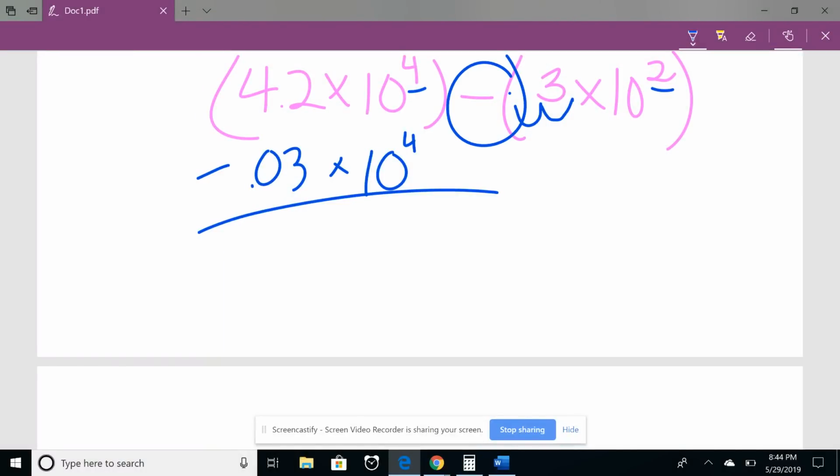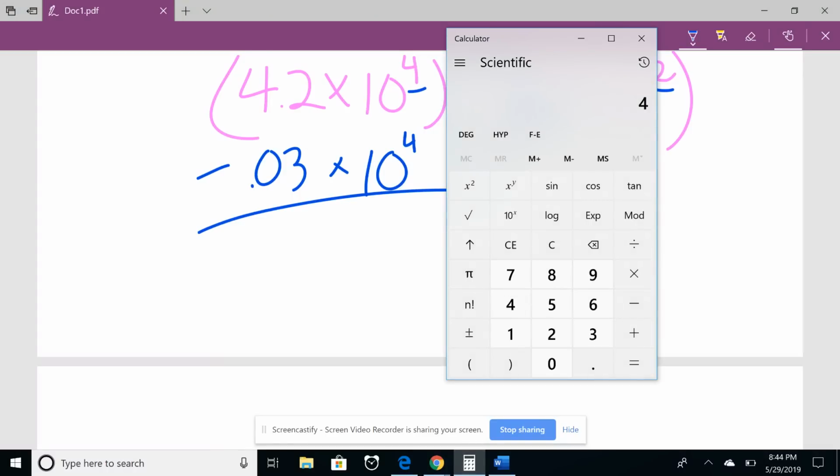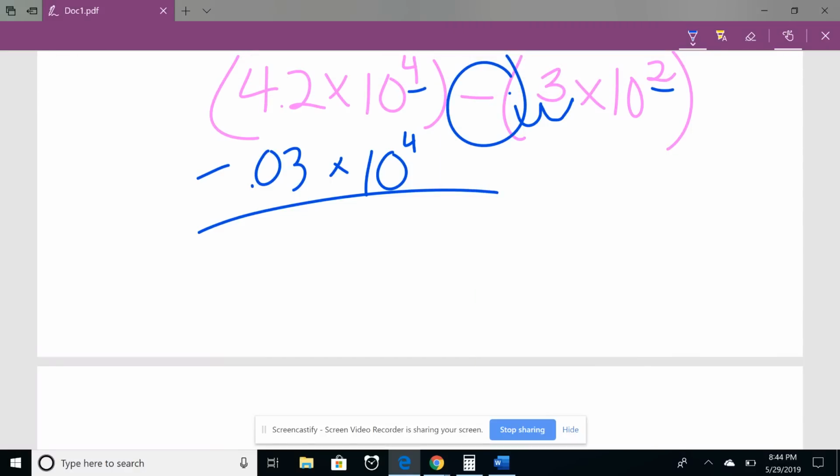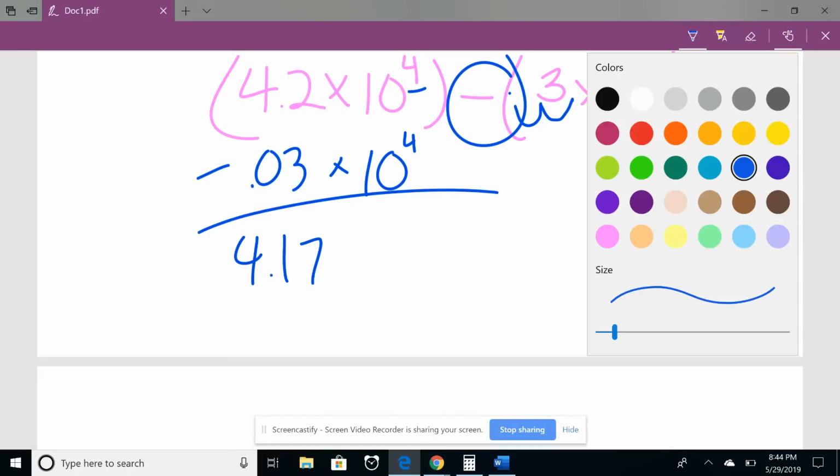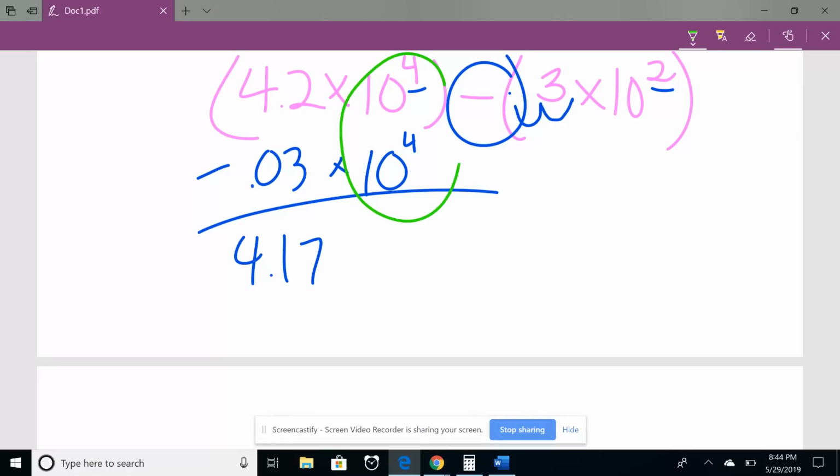So 4.2 minus 0.03 is 4.17. And again, you keep the base and the exponents when you're adding and subtracting. And that's already in scientific notation, so I don't have to adjust it at all.